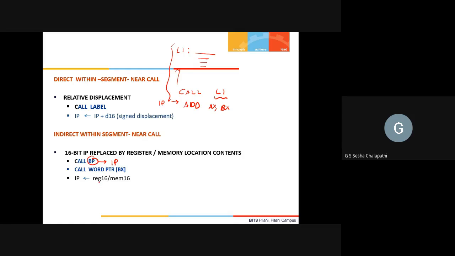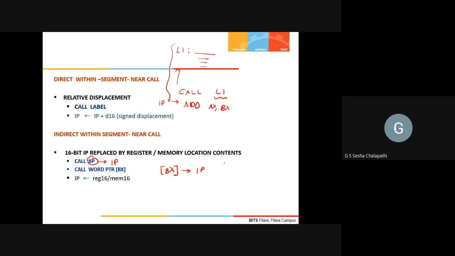Right? On the other hand, I can also have some memory location giving the IP value. So I say call word ptr [BX]. If I say this, then the location addressed by BX will give you the IP value.